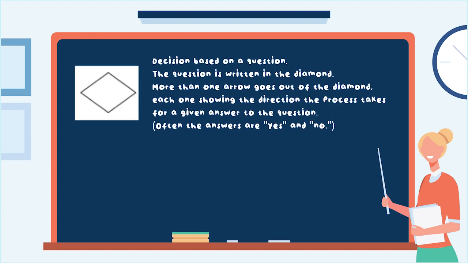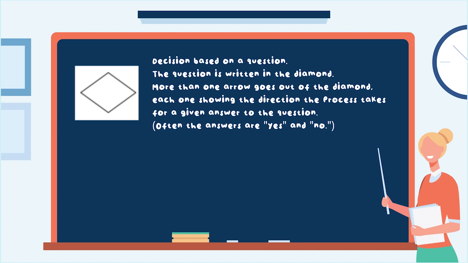Picture 3. Decision based on a question. The question is written in the diamond. More than one arrow goes out of the diamond, each one showing the direction the process takes for a given answer to the question.